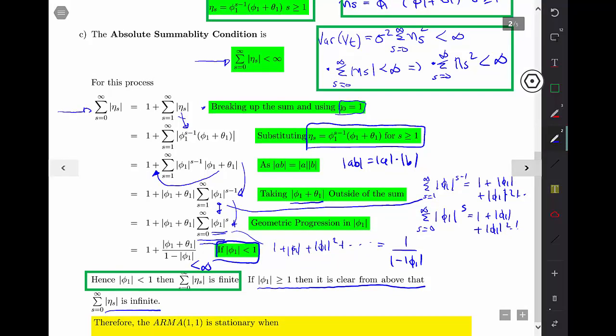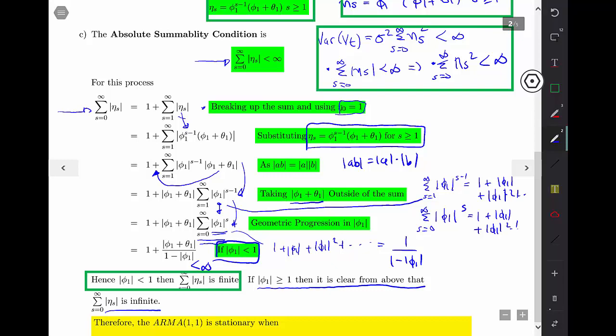Intuitively, we need this phi 1 to be less than 1, otherwise the effect of the past will never die away. If phi 1 was greater than 1, the series would be explosive, exactly as in the case of the AR1.